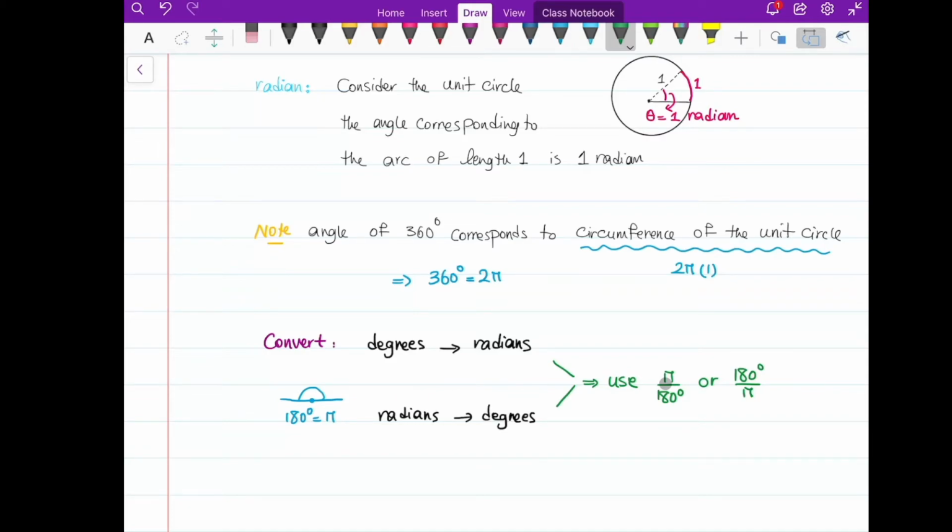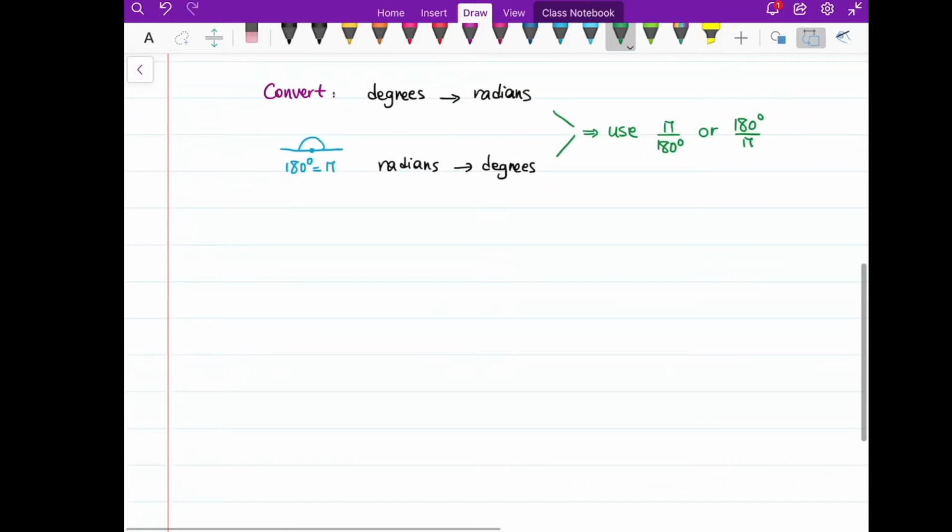So let me give you some examples. If we have 210 degrees, what is this in radians? Well, I have 210 degrees and I want to get pi because I want to change it to radians.